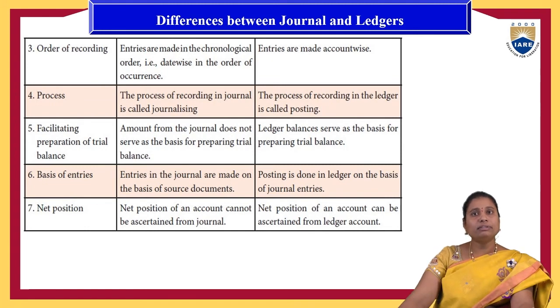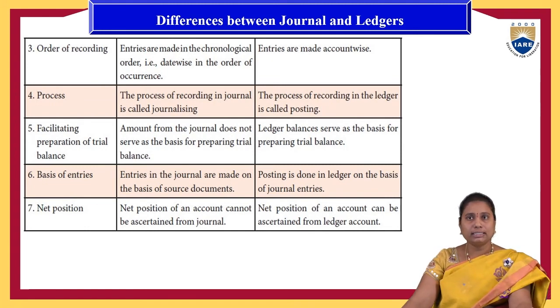The process of recording is called journalizing, whereas the process of ledgering is called posting. Facilitating the preparation of the trial balance is easier with the help of the ledger than the journal. The entries are based on source documents, which have to be recorded in the journal, but the basis is not required for the ledger.